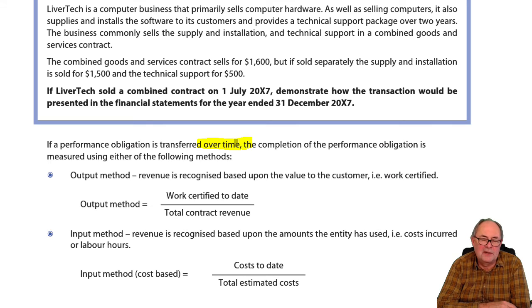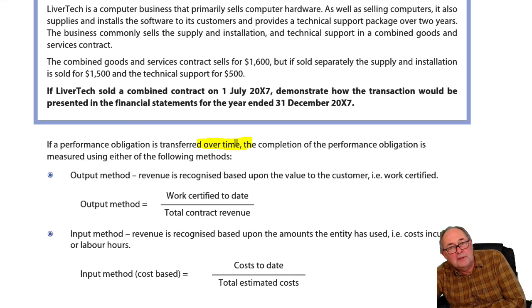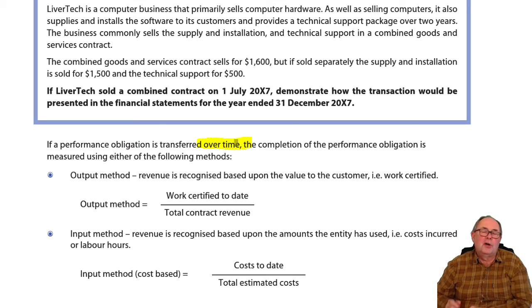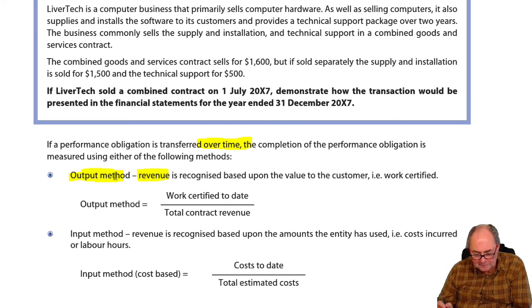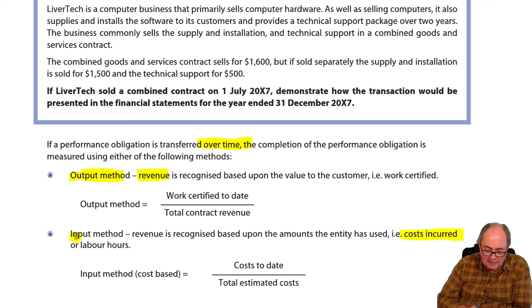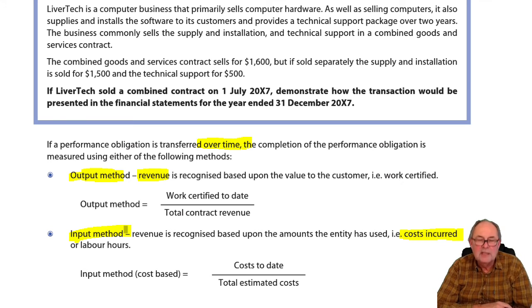There are lots of different methods to do this, but principally, you could look at the amount of revenue that you've earned or the amount of the costs that you've incurred. If you look at the amount of revenue that you've earned, it's sometimes known as the output method. If you've looked at the amount of the costs incurred, it's sometimes used as the input method. But really, they're giving very posh names to very basic concepts.